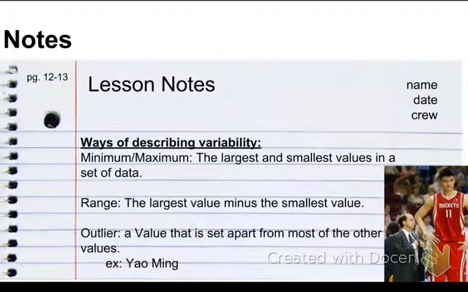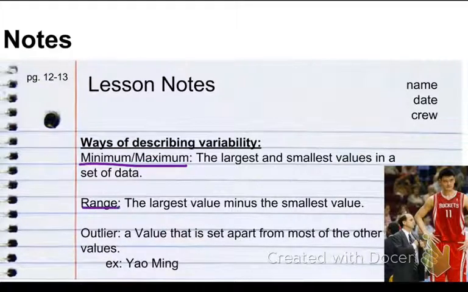The first one is minimum and maximum, and that is the largest and smallest values in a set of data. So, for example, the shortest kid and the tallest kid in class, or the most amount of money and the least amount of money, the lowest temperature this winter, the highest temperature.